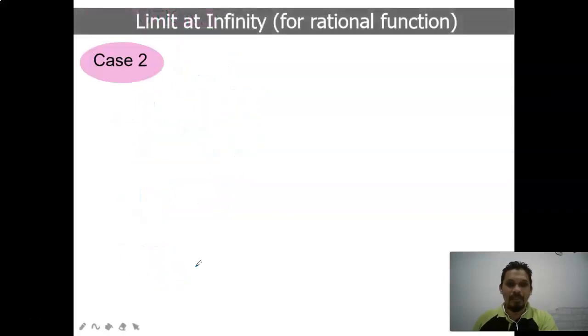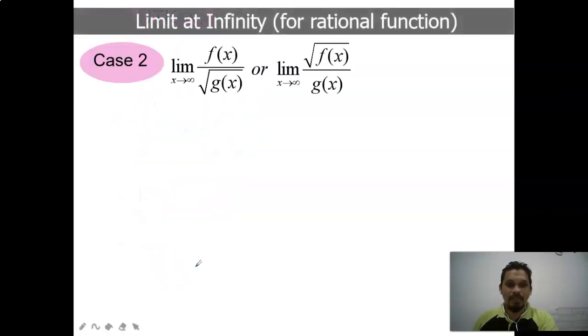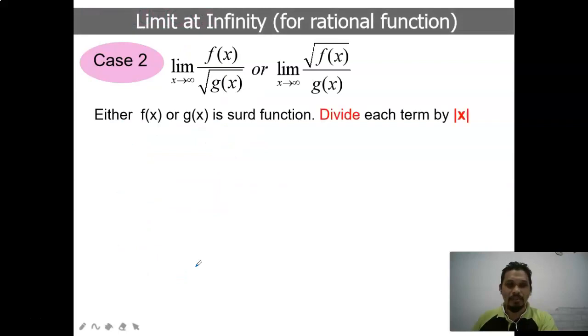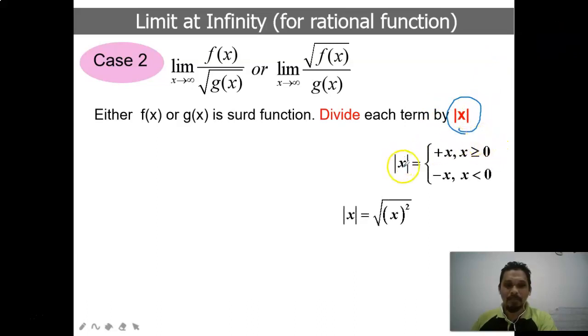So, limit at infinity for a rational function: divide each term by the absolute value of x. Let's refresh our previous knowledge of absolute values of x. The value of |x| is x when x is greater than 0, and negative x when x is less than 0.